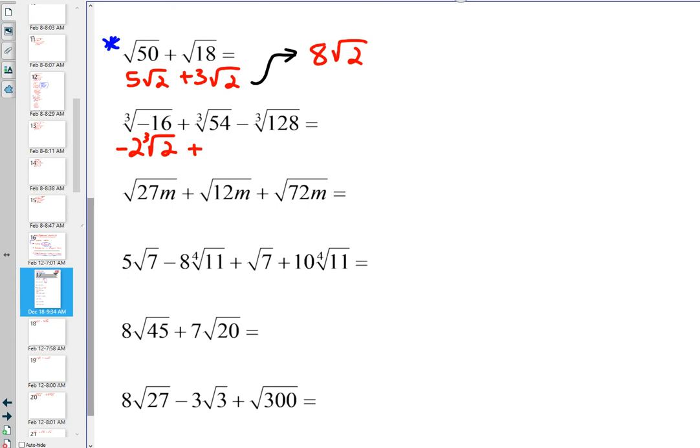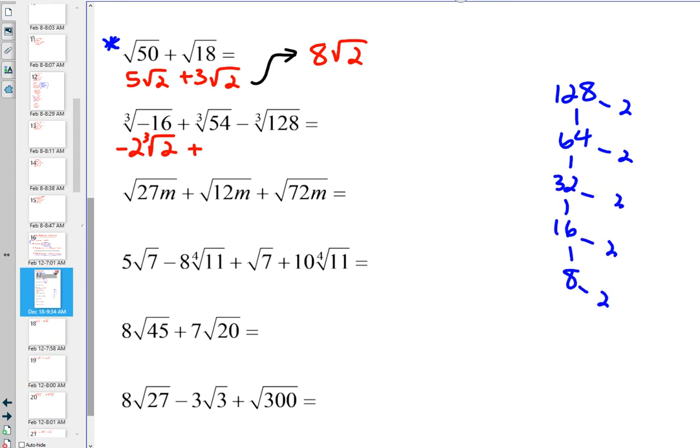Now, oh look, if you were to do a tree, here, let's just do a tree with the biggest one here. Let's do the 128. Would you agree that's a factor tree of 128, the prime factorization?